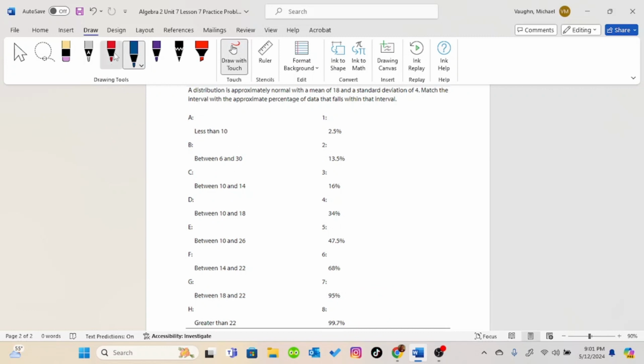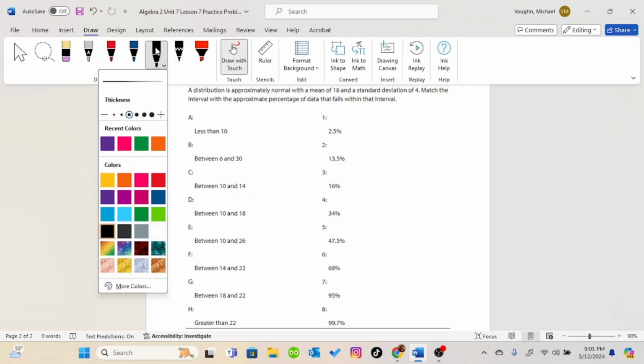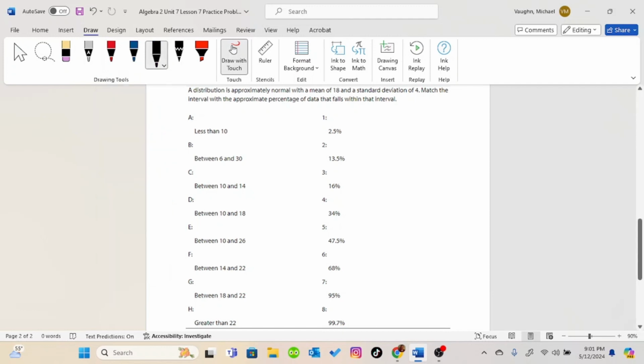Next practice problem. A distribution is approximately normal with a mean of 18 and a standard deviation of 4. Match the interval with the approximate percentage of data that falls within that interval. So again, it's always good to draw a quick sketch so that you know what you're talking about.